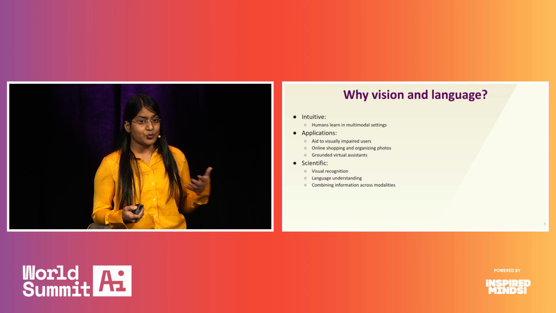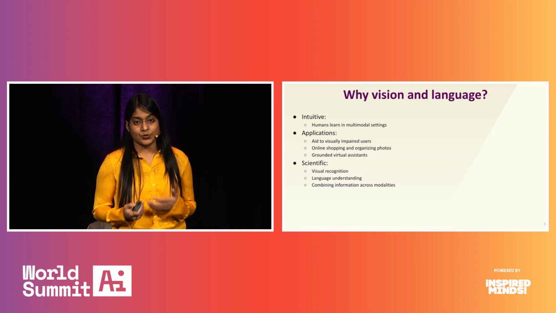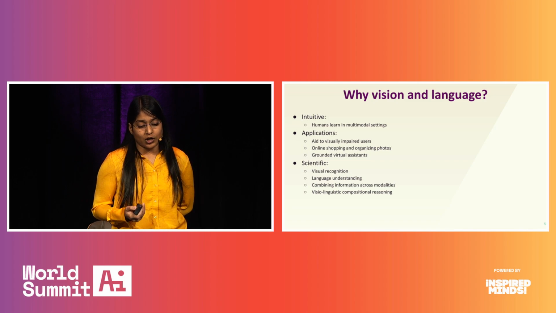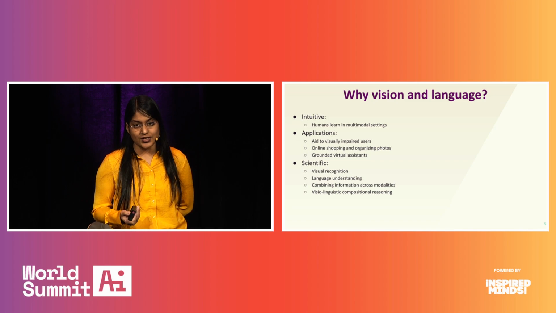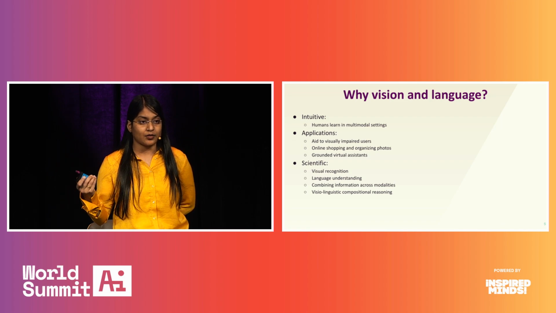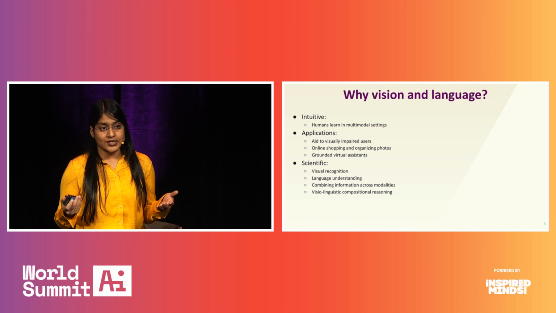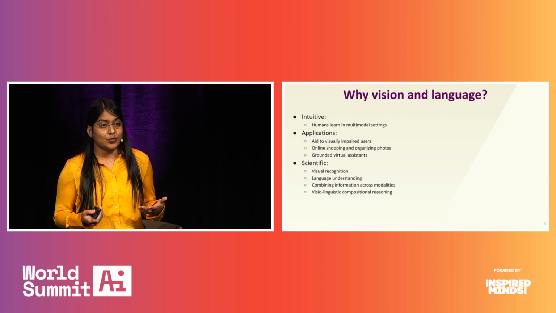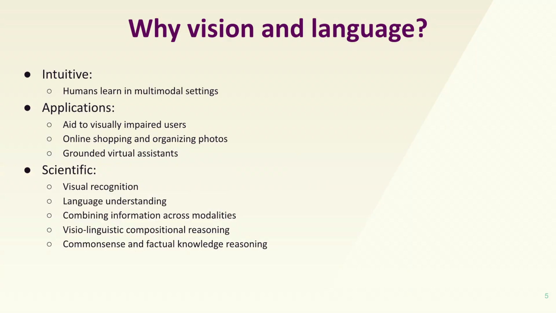Vision is more perceptual, whereas language is very abstract. It's built by human beings. So combining information across modalities tends to be challenging. They also involve compositional reasoning challenges, reasoning about new compositions, for example, new compositions of words, new compositions of pixels, which we as humans are very good at. And also common sense and factual knowledge reasoning.